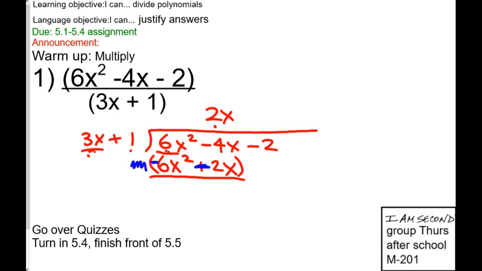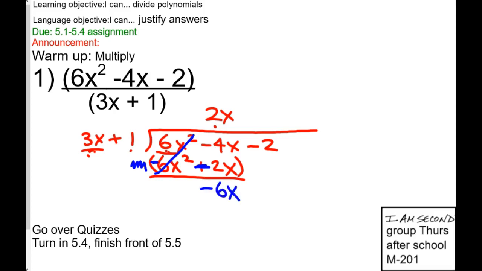Let's do some math. 6x squared minus 6x squared. It's supposed to cancel out, so that's good. And now, what's negative 4x minus 2x? Negative 4 minus 2, negative 6x.